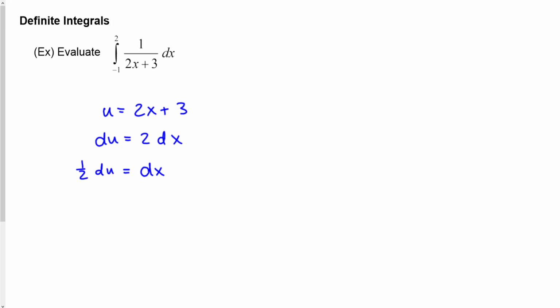Then, since this is a definite integral, here's the thing. When I told you that if you do a definite integral and you change the variable of integration, you do in fact have to change the endpoints of integration. But if you don't actually change the variable of integration, you don't have to. So for instance, here I know that just based off of my means of evaluating logarithmic integrals, that this is going to be 1/2 of the natural log of the absolute value of that denominator.